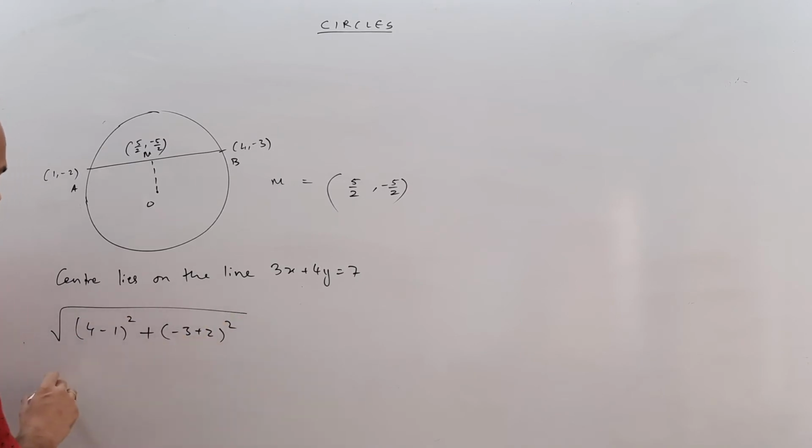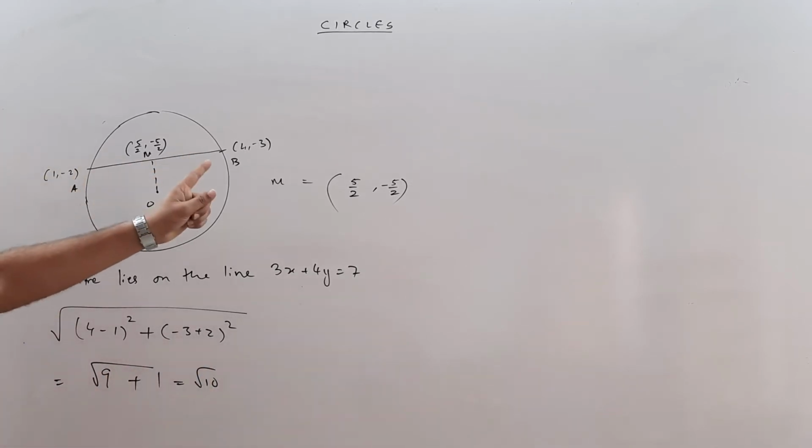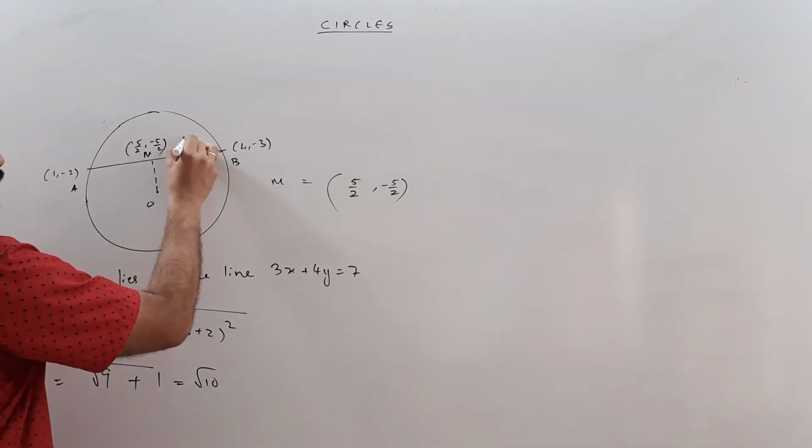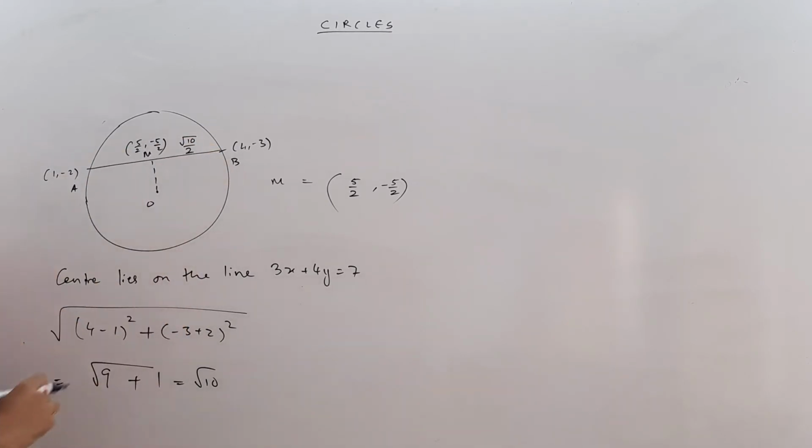It comes out as 9 plus 1, so the entire distance is root 10. The distance between them is going to be root 10 divided by 2. So this distance we have been able to find out. Now I can find this distance also, provided I have the center. The line is given to us, so we can make use of it somehow.